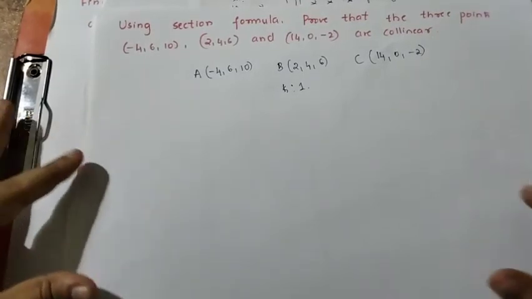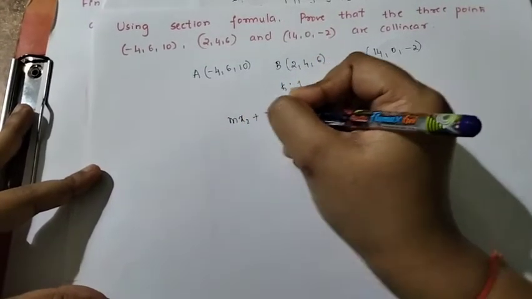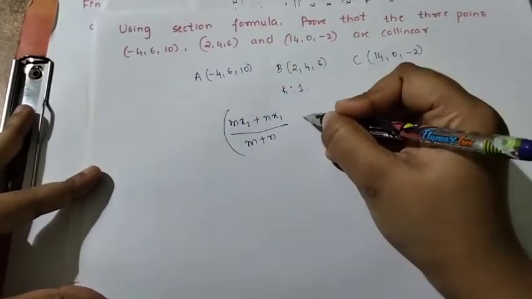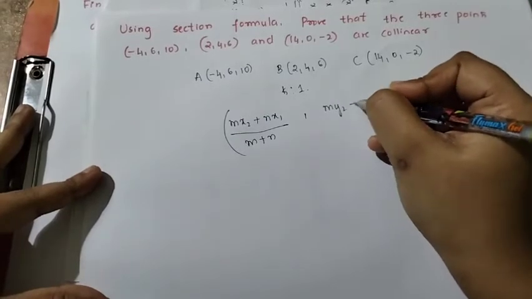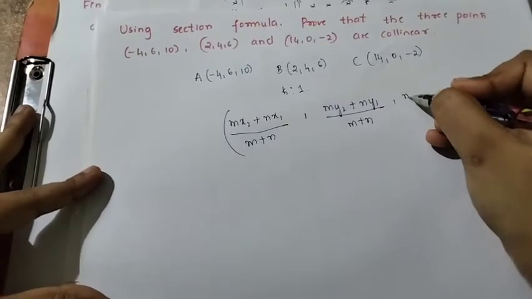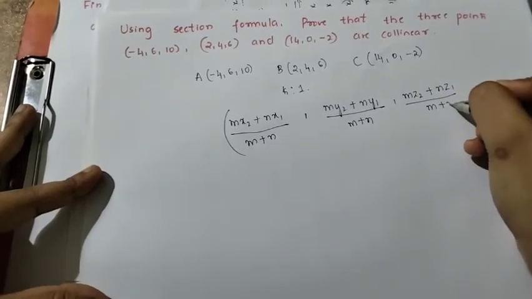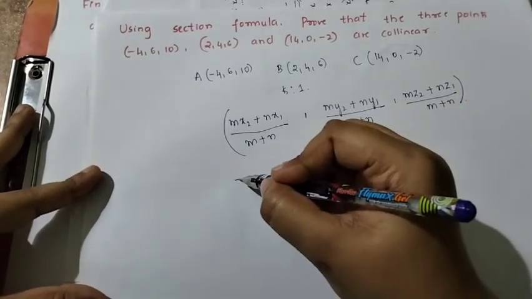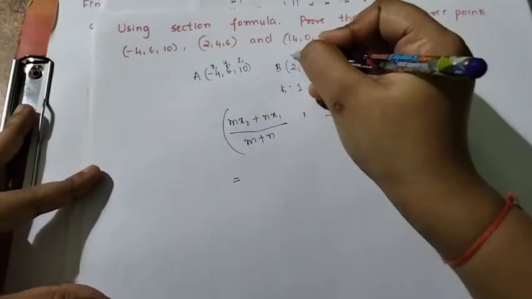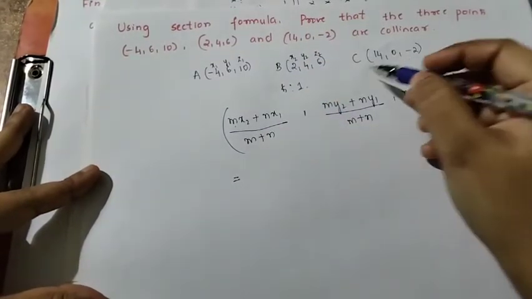Okay, so first write down the coordinates: mx2 plus nx1 divided by m plus n, my2 plus ny1 divided by m plus n, mz2 plus nz1 divided by m plus n. This is x1, y1, z1 and x2, y2, z2. Okay, leave this point as it is.